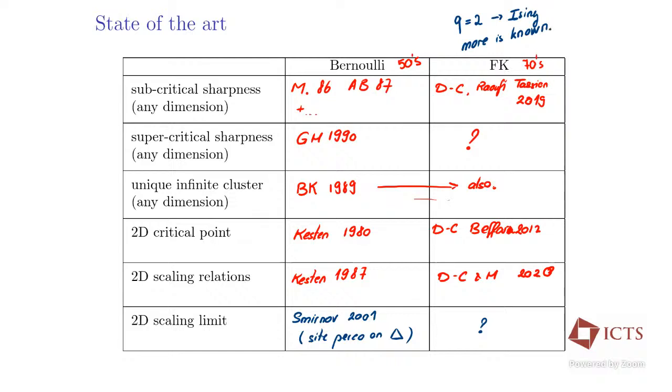So in particular, this is very well understood for q equals 2. Okay, so we're going to be around this part. This is our domain in this talk.